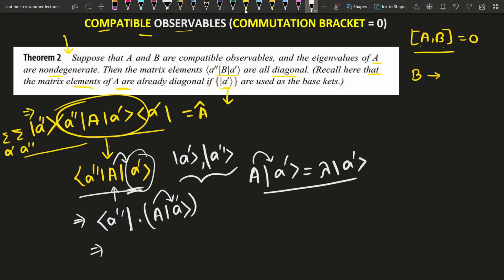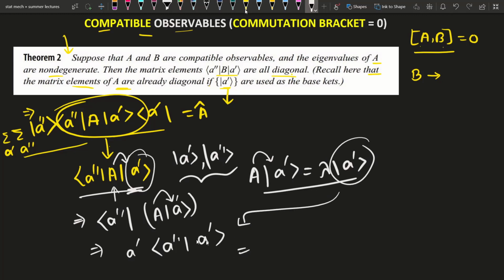Suppose the eigenvalue is A dash itself, then it will become like this, and it will give back this thing, right? And from the orthogonality relation of the eigenkets, right, the eigenkets are orthogonal. That means this thing is nothing but the Kronecker delta of A dash and A double dash.